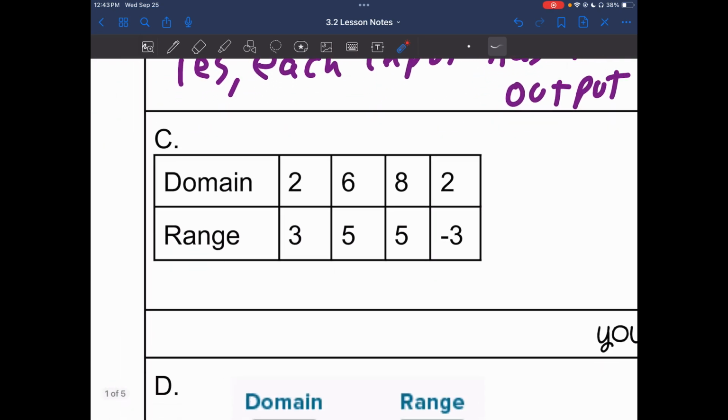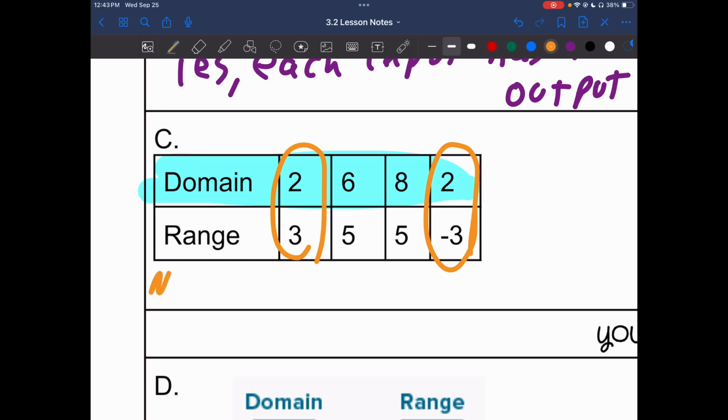So letter C, we have domain and range. So we're going to take a look and we're going to focus on the domain up here. And we look to see, do I have any repeated values? And I do. I have 2 being repeated twice, and it's going to two different locations. One is going to 3 and one is going to -3.